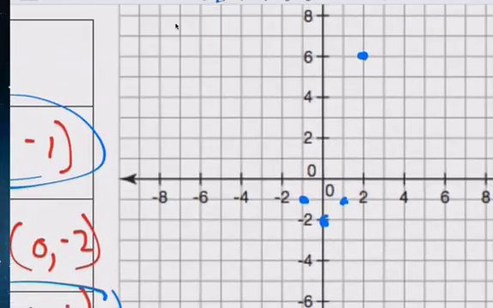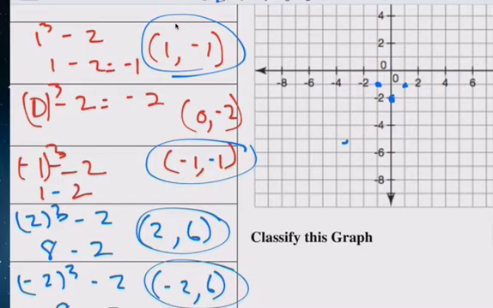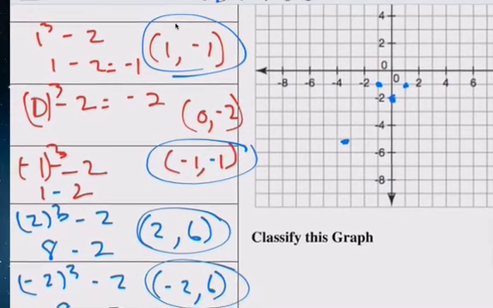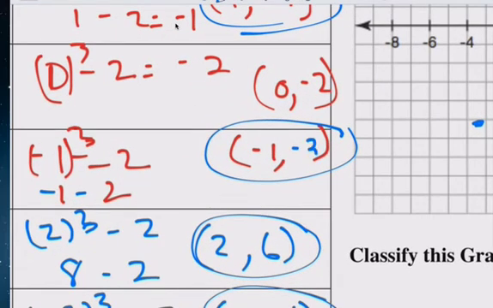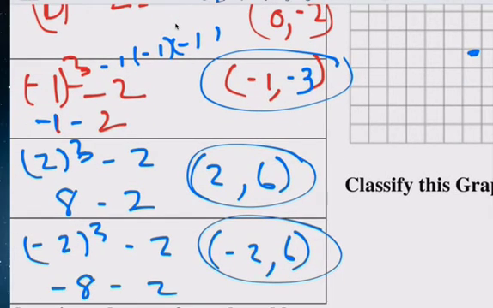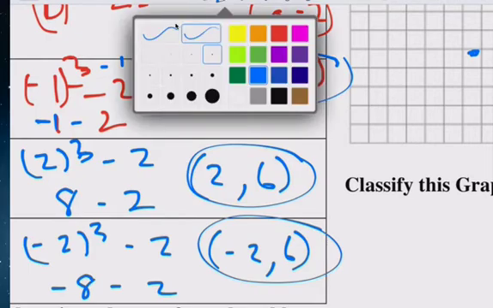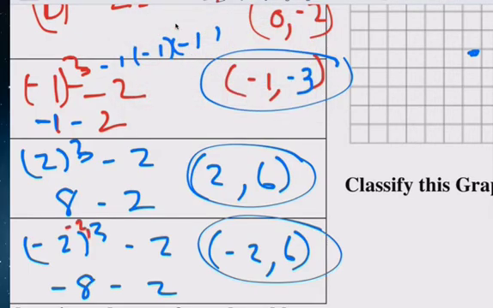Negative 2, 6. Did I cube? Uh-oh, that's a negative. Miss Wilcox, that's a negative. I did it wrong. I apologize. That's negative 3, because negative 1 times negative 1 times negative 1 is negative 1, not a positive. Anyways, same thing goes here. Negative 2 times negative 2 times negative 2 is negative 8.